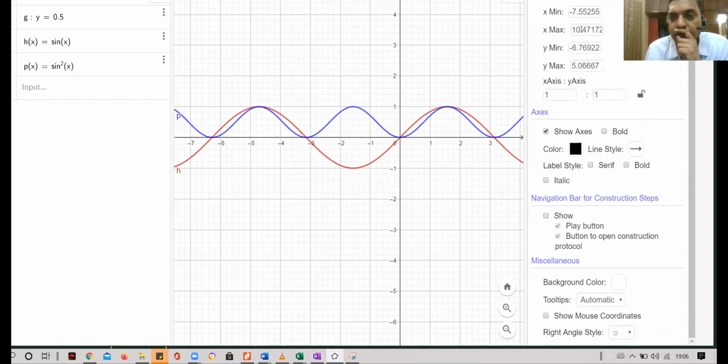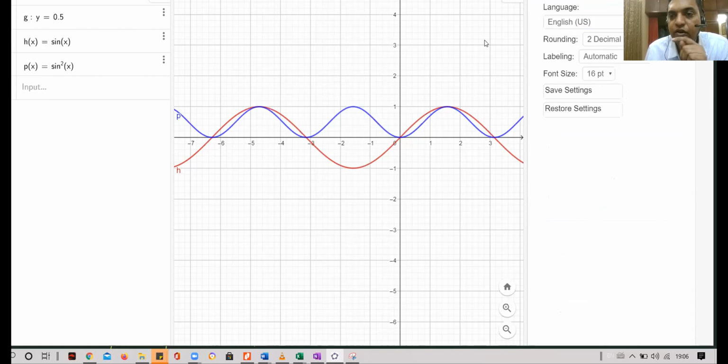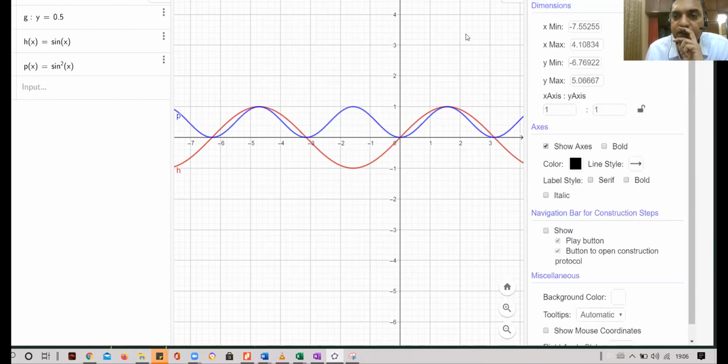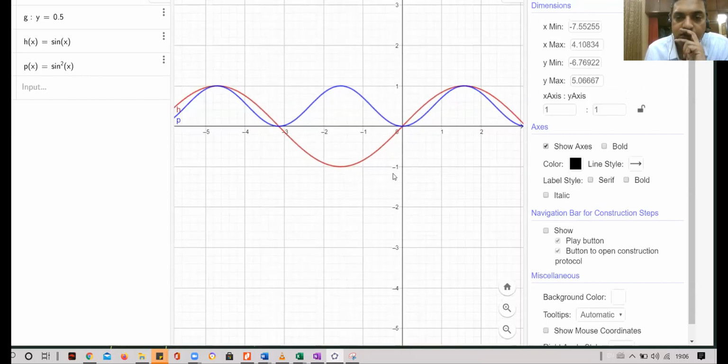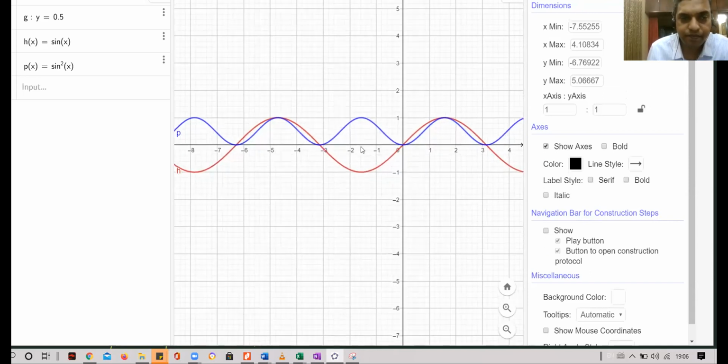Sir, we understood what you're trying to show, sir. It's fine. I'm trying to show something else. Okay, I'm trying to change something. No problem. Okay, I'll do that setting later. Now what I wanted to mark here, I can't mark on this program.